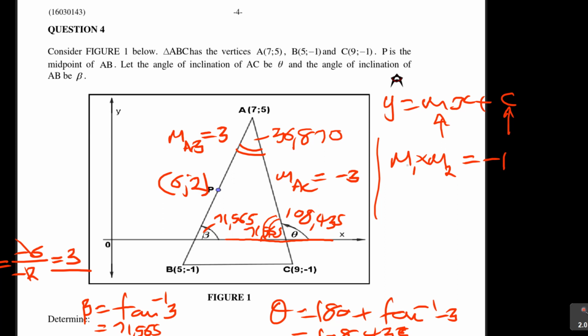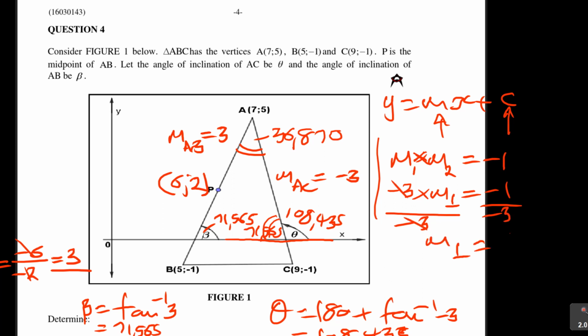Let's do the working, because it's important. You say m1 times m2 is negative 1, then negative 3 times m perpendicular is negative 1, so m perpendicular is equal to negative 1 divided by negative 3. Please don't forget such working is still important.